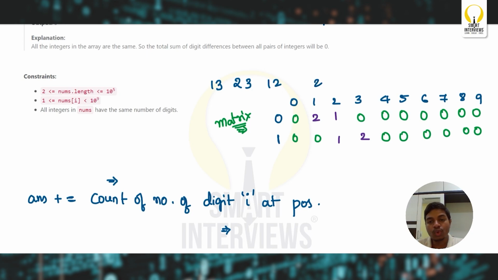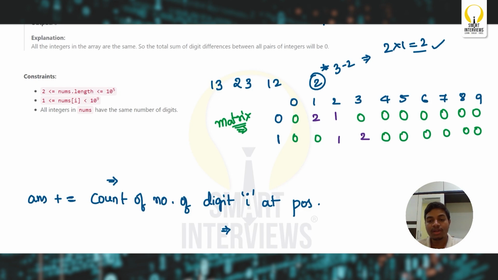If you're having 2 here, the remaining numbers with which it can make a pair is n minus the count which is having it, so 3 minus 2, that is 1. That is 2 into 1, which is 2. So two pairs are possible which are starting with 1.